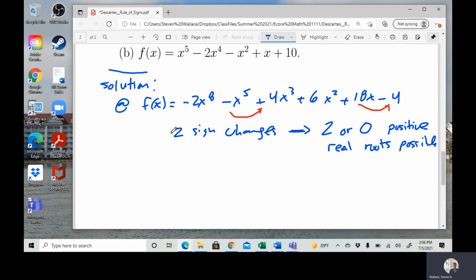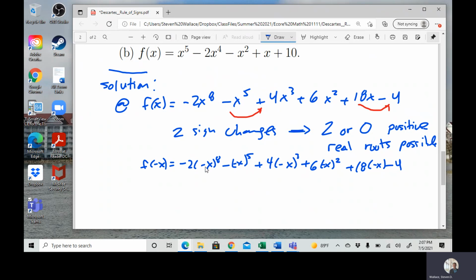Okay, on the other hand, if we do f of negative x, notice if I plug in negative x in for x everywhere, with parentheses, where you have an even power, it doesn't change the coefficient.